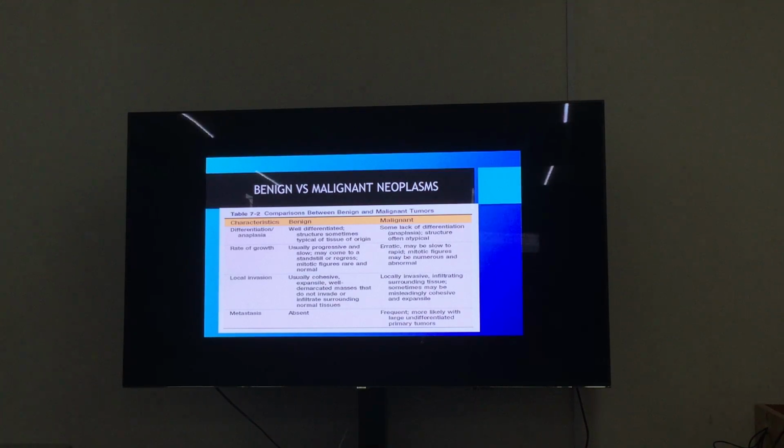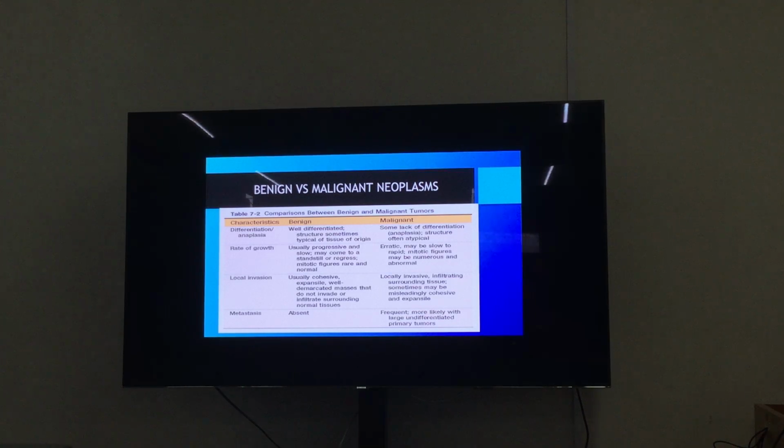So when you say well differentiated, differentiation means the extent to which the neoplastic cells resemble that of the normal, functionally and morphologically. So, ibig sabihin kung functional, example, a well-differentiated type of neoplasm, mag-produce siya ng mga proteins na kagaya ng normal.